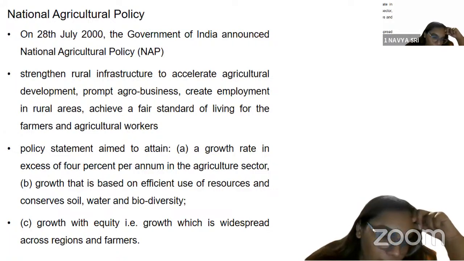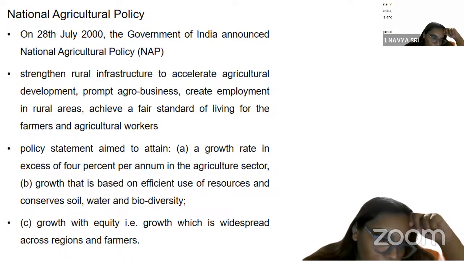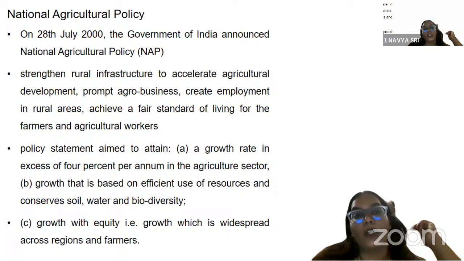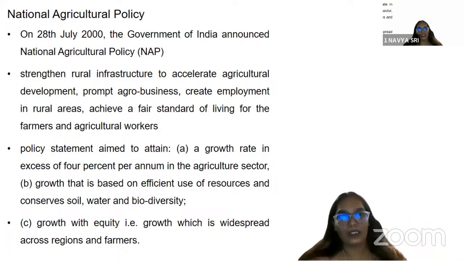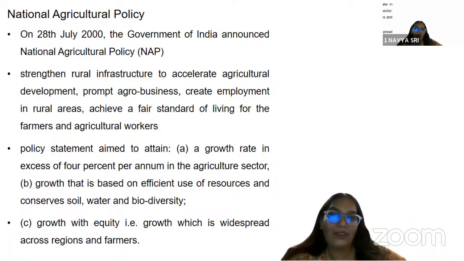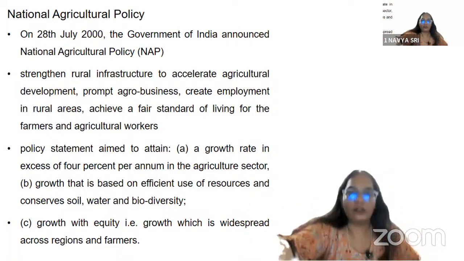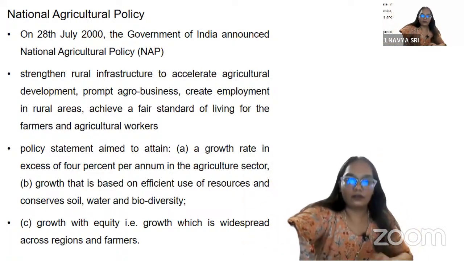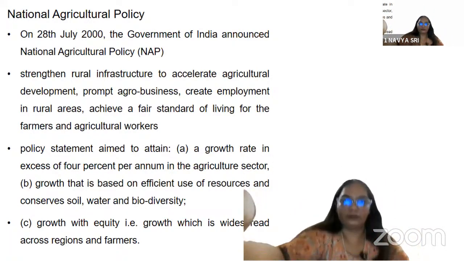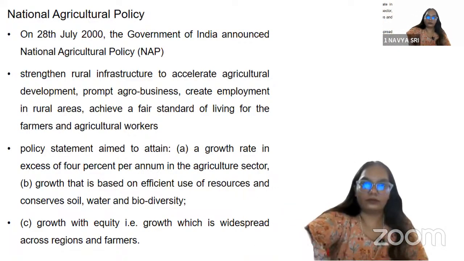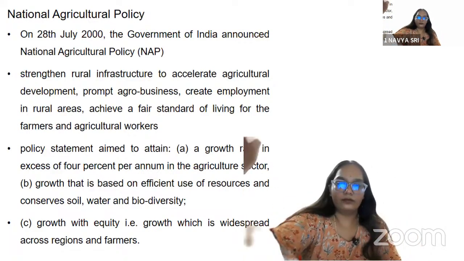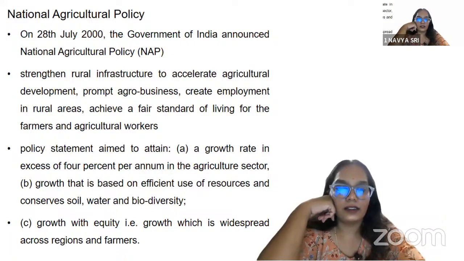Then, distortions in industrial flow owing to selective flow of investments. What happens is that investment after liberalization went to a few industries. So the income flow went only to certain few industries, and the rest of the other industries have been ignored.